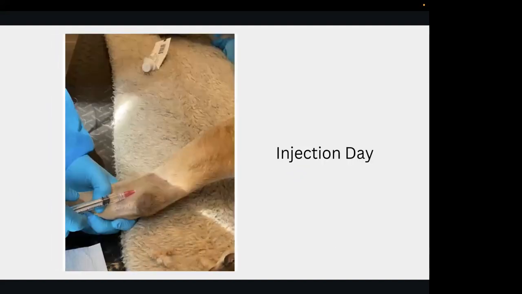So this is an example of one of the dogs I did. This was the first dog that I ever injected. This dog belonged to a lawyer who worked from home. He wanted to do anything and everything he possibly could for his dogs, and we talked about this medication months before it was available, and he did not want to amputate this dog's leg, and he waited for this injection to be available.